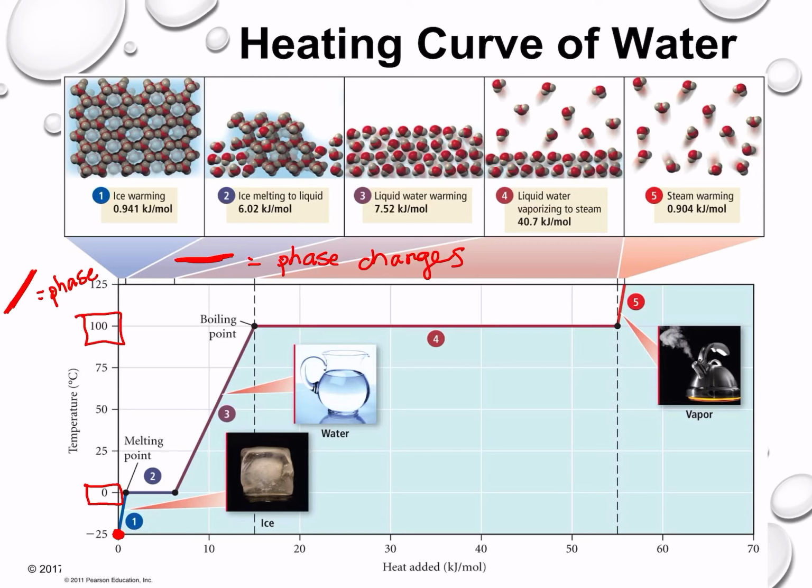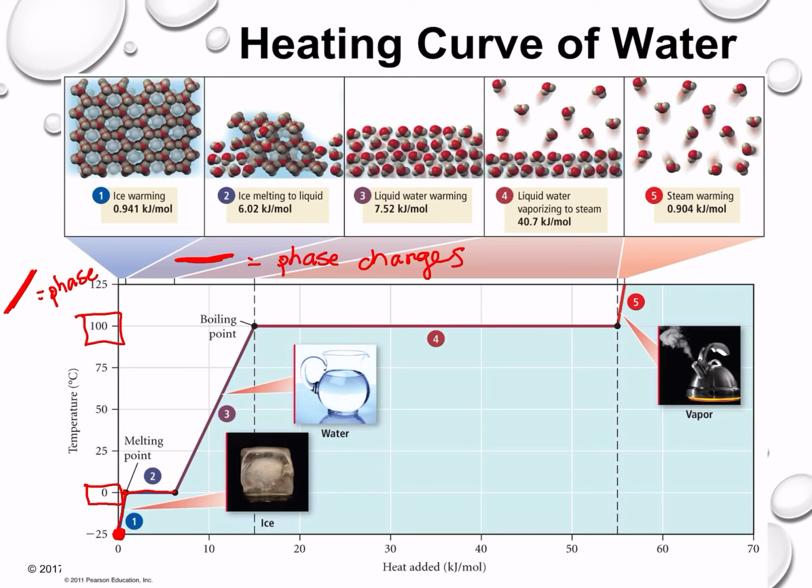Let's back up. We heat it up from negative 25 until we hit 0, and then you'll see the graph flattens out. The graph flattens out because the energy is no longer being used to warm up the molecules. Instead, that energy is being used to break the intermolecular forces.